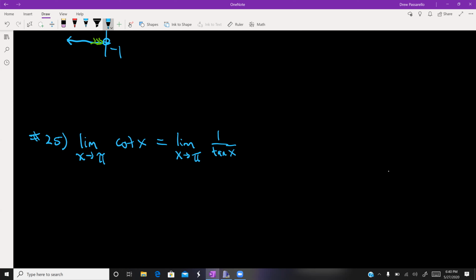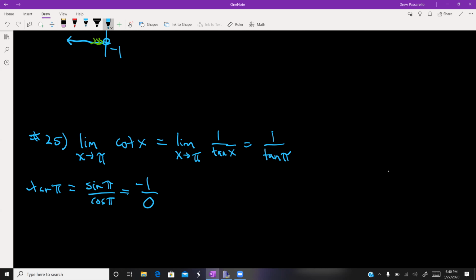Now if you plug in pi, that's 1 over tangent of pi. Now what is tangent of pi? So tangent is sine over cosine. If you were to look at the unit circle, you'll see that at pi, the sine of pi is -1 and the cosine of pi is 0.